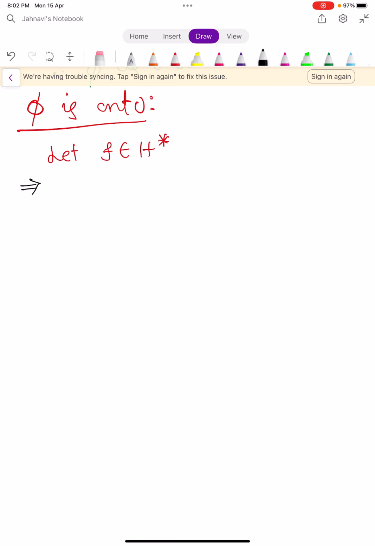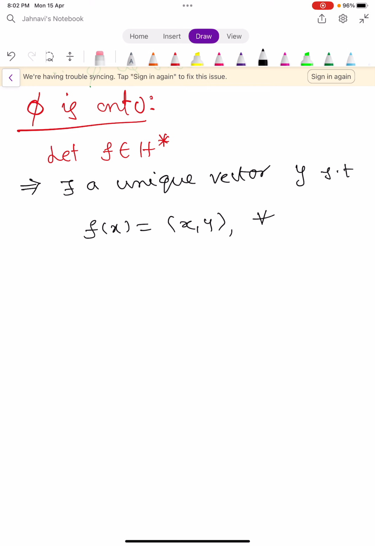By the previous theorem, which we learned in video 45, there exists a unique vector y such that f of x is equal to the inner product of x comma y for all x belongs to capital H.